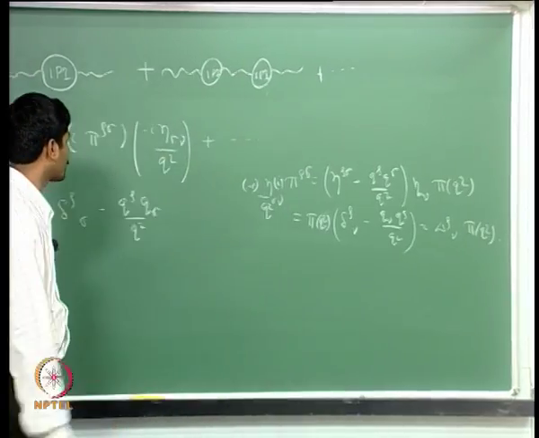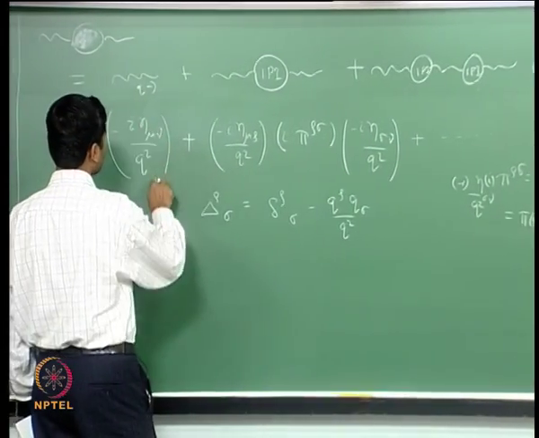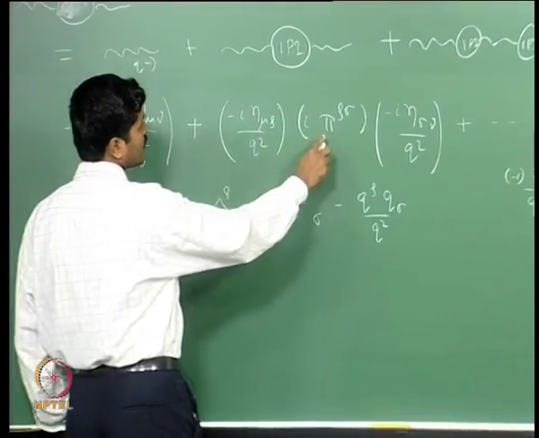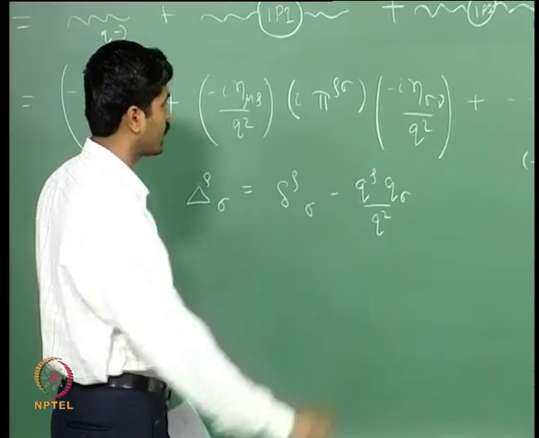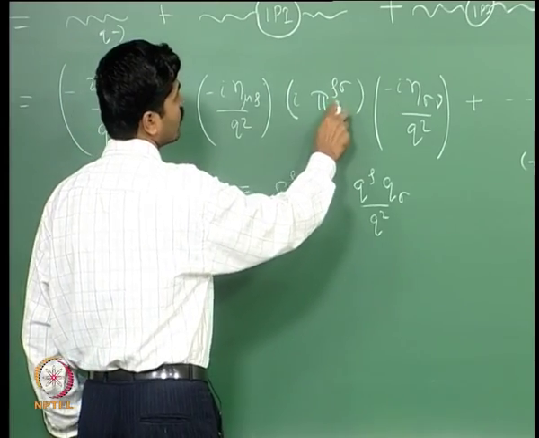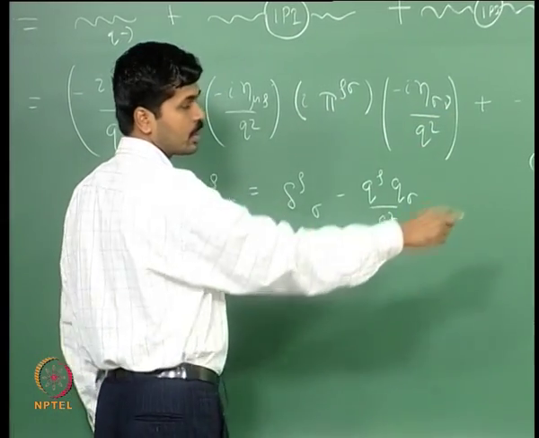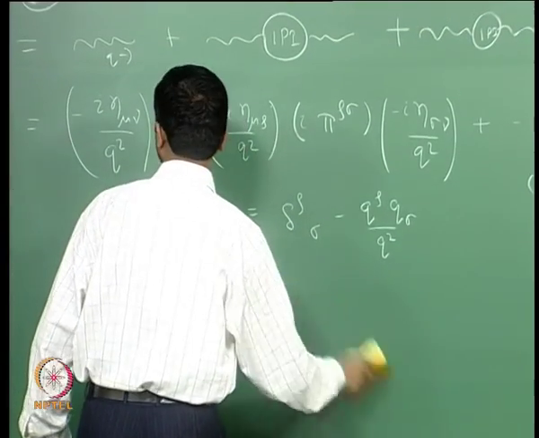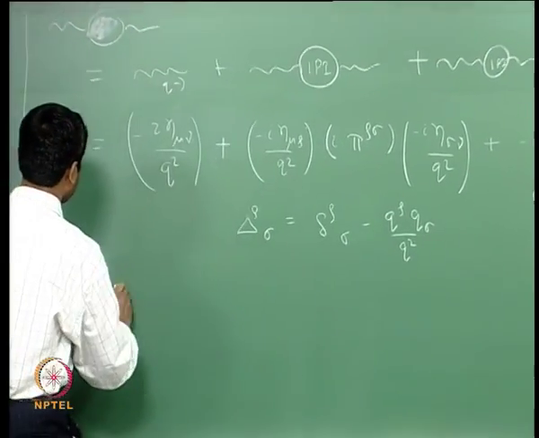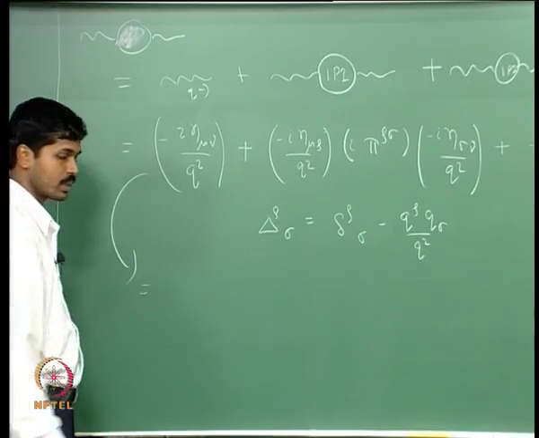So, this is just to say that if I leave the first term here, then the product of the second and third term is nothing but δ_ρν times π of q².